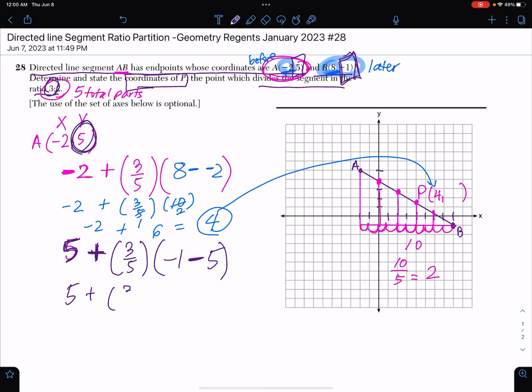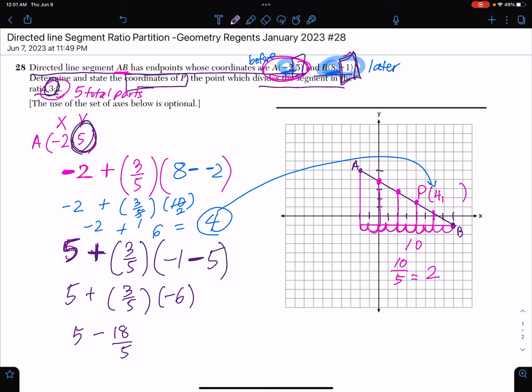You could put this all in the calculator, but I'm going to show the calculation. Negative 1 minus 5 is negative 6. So here we have 5, and then positive 3 times negative 6 is negative 18, and then divided by 5.